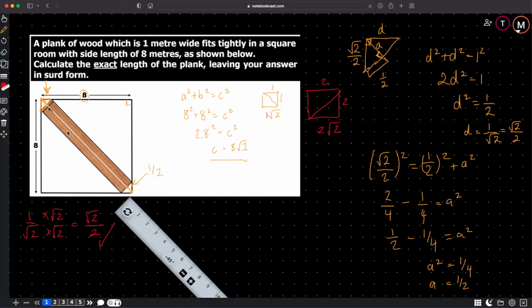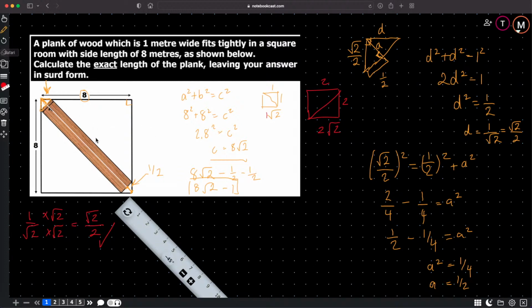So if we look at that total length of that diagonal, 8 root 2, we subtract this little length, which is a half, and this little length again up in the top left-hand corner, again a half. We're going to do 8 root 2 take a half, which is 8 root 2 take 1. Very nice. Which is our final answer there.